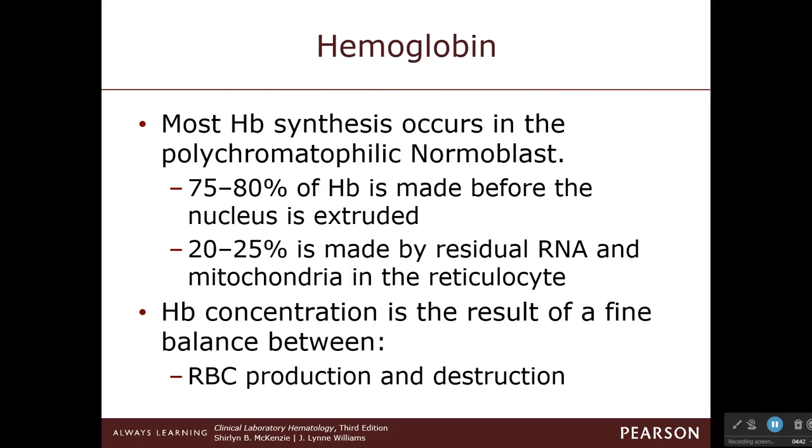That's the one that's got the brain looking nucleus, a little smaller. By that time, about 75 to 80% of it's made. Then the rest of it, up to 100%, is made in the reticulocyte. Those residual RNA molecules and ribosomes are able to produce the rest of the hemoglobin.